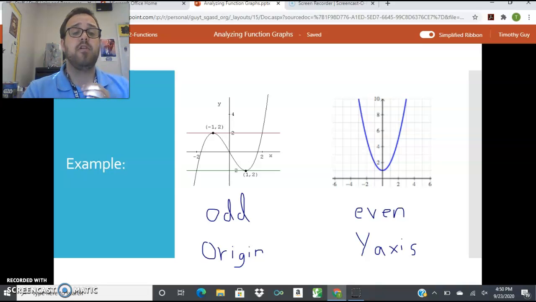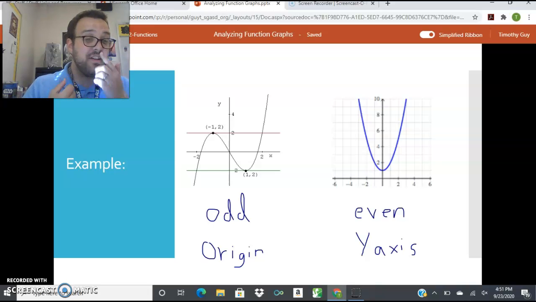What you want to be careful about is that a lot of people will think that odd symmetry must be x-axis because even is y-axis. That's not how it works. The odd is that origin, that rotational symmetry. The reasoning behind that, besides the fact that that's how it mathematically works out, is that if you had x-axis symmetry, you're no longer a function. You would not pass the vertical line test that we talked about before.